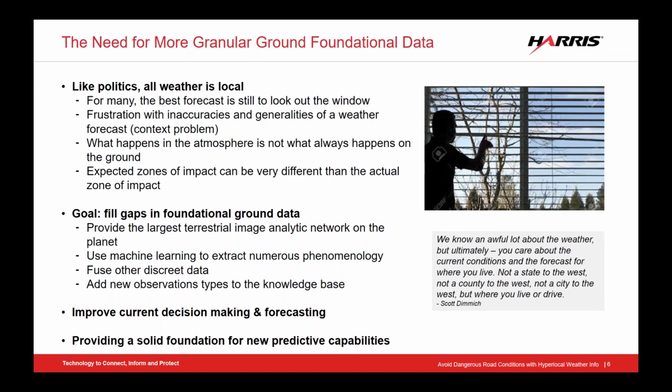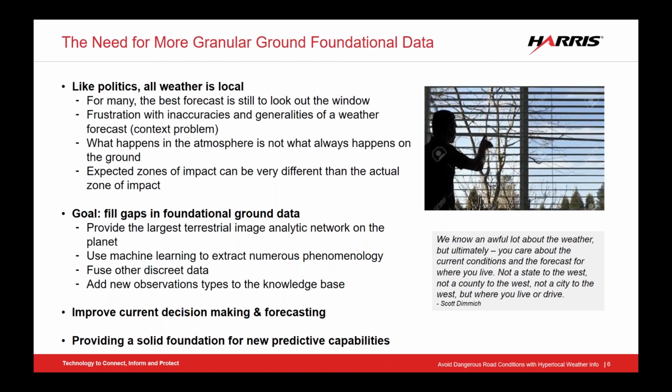So right now we're looking at the environment. We want to be able to add fidelity to what's existing in the current detection capability or observation capability in the current weather enterprise. We want to be able to fuse other types of discrete data, and we want to add new observation types to the knowledge base. Thus, we can improve current decision making and forecasting.